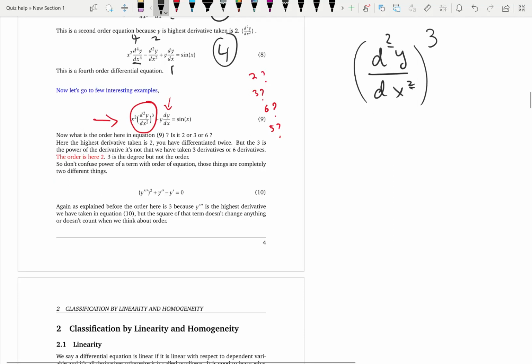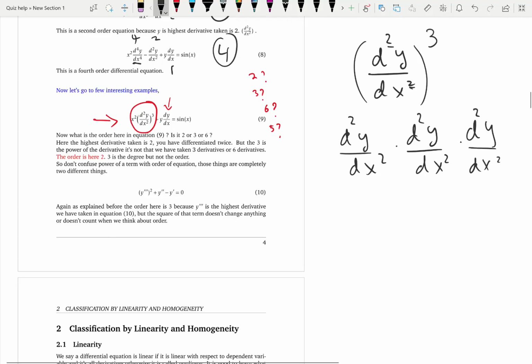What is the meaning of this 3? You have multiplied this term by itself 3 times. Now see the position where I have written 2 and 3. There's a clear difference. When you write a number on the top of d here and on the top of the independent variable here, that is the number of derivatives you have taken. But when you write it like this, that's the degree.